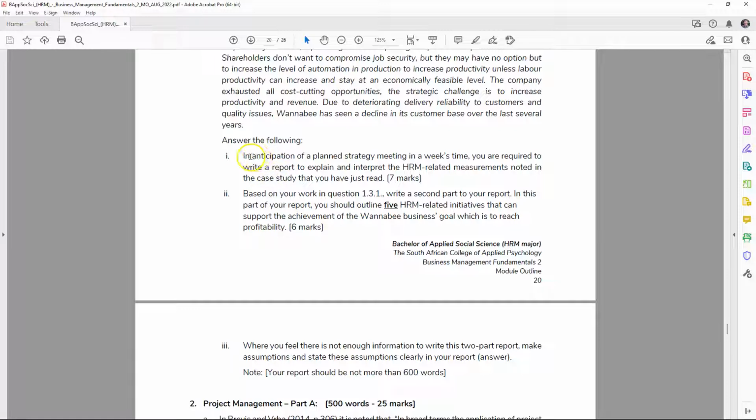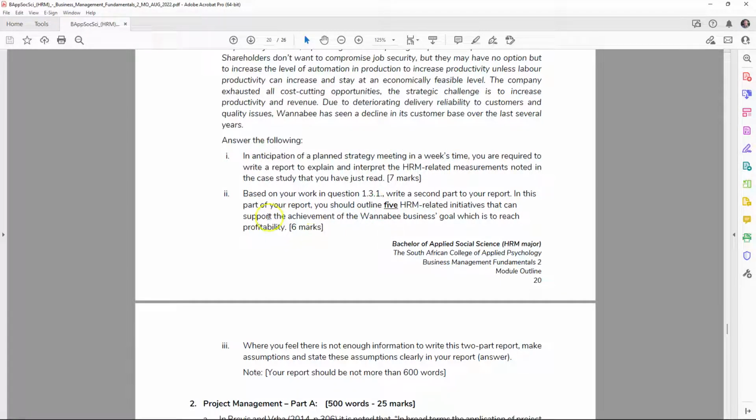In anticipation of a planned strategy meeting in a week's time, you are required to write a report to explain and interpret the HRM-related measurements noted in the case study that you have just read. That is the first heading for you.